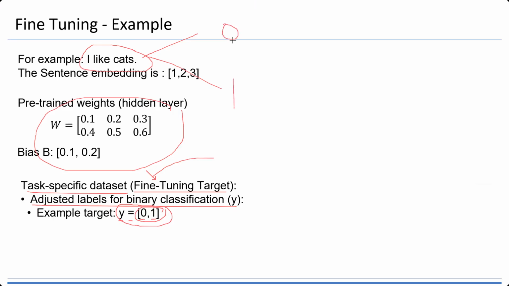Let's say 0 is, I don't know, negative, and maybe 1 is positive. So this example target means that we are doing the classification: 0 is more on the negative, and 1 is more on the positive. So this is the adjusted label. This is the positive.